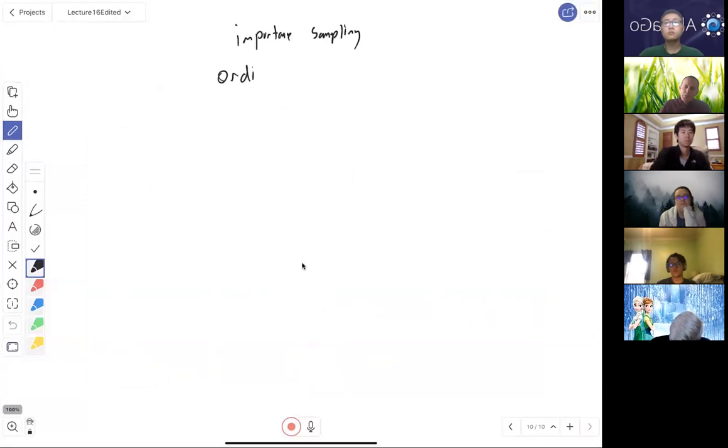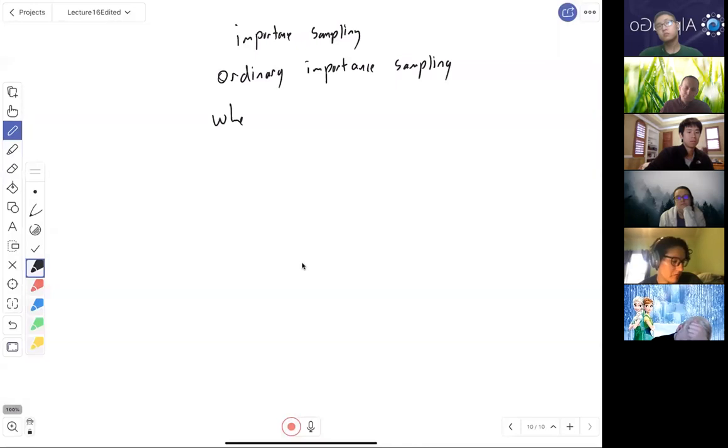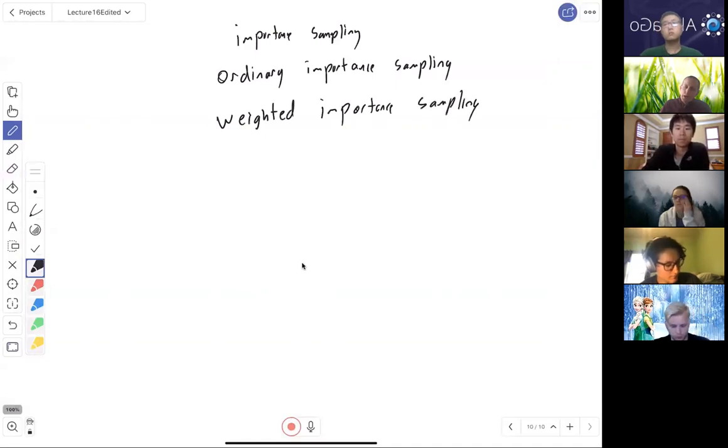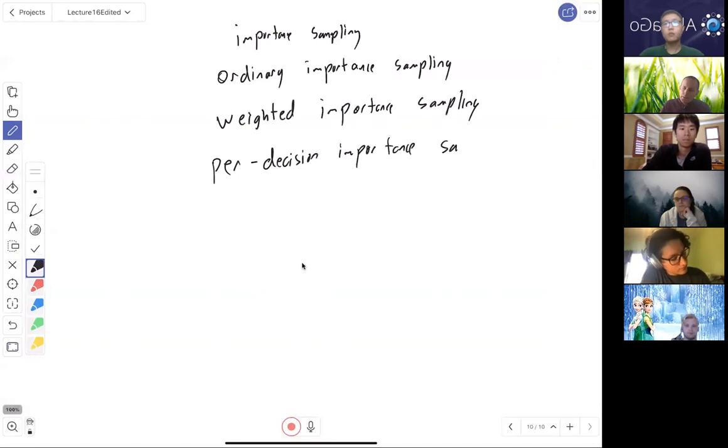We had ordinary importance sampling, we had weighted importance sampling, and then we had per decision importance sampling. For our n-step, this is what we're using.